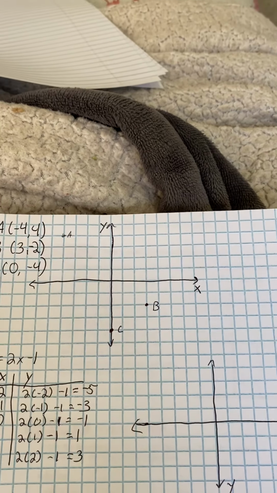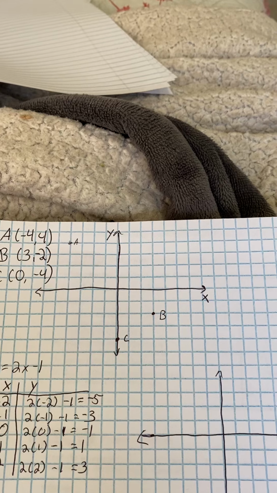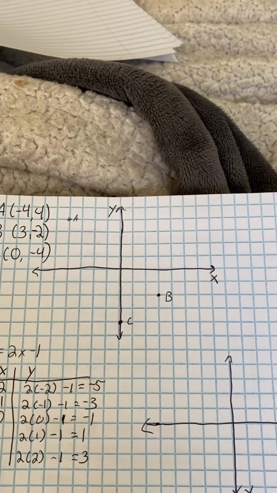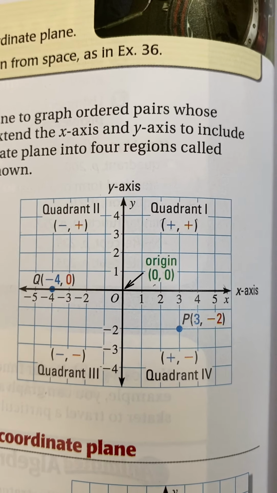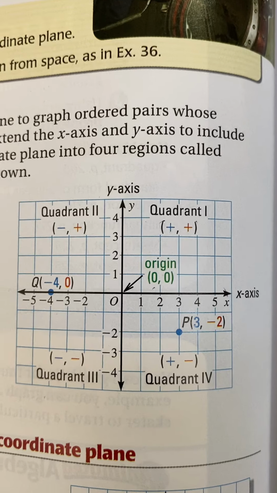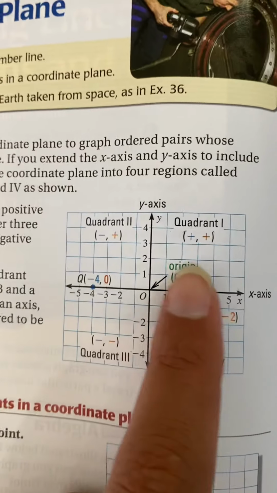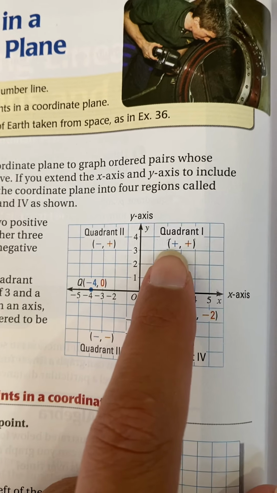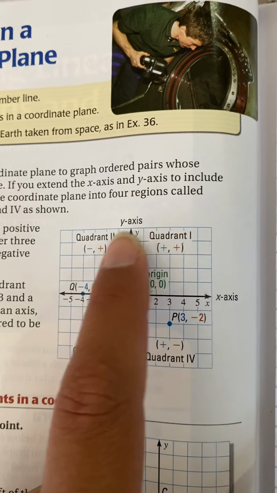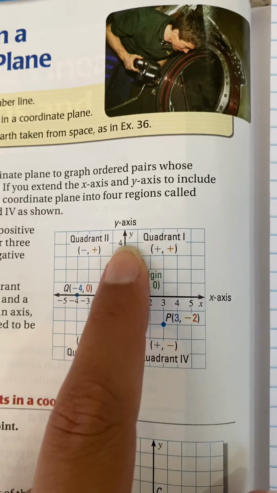Okay. Hopefully you're understanding a little bit of how to plot points. You can see right here in the book, we've got our origin is 0, 0, and then in quadrant 1, that's where the x and the y are both positive. So anytime the x and the y are both positive, you're going to be in this square right here.